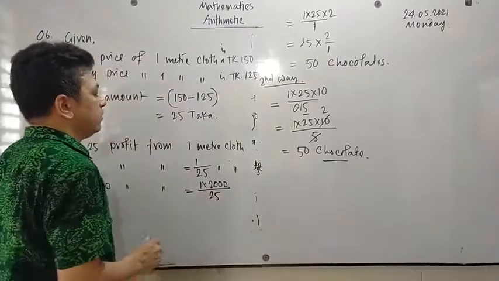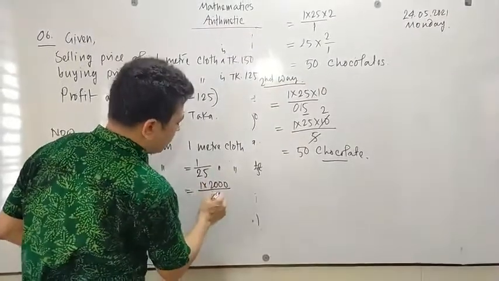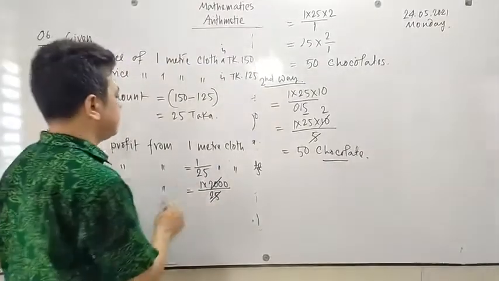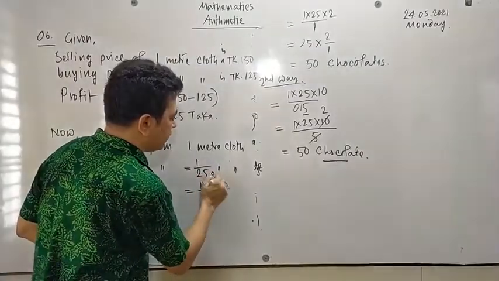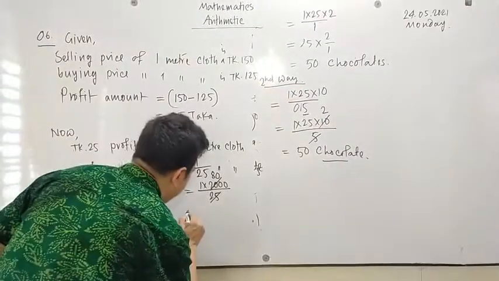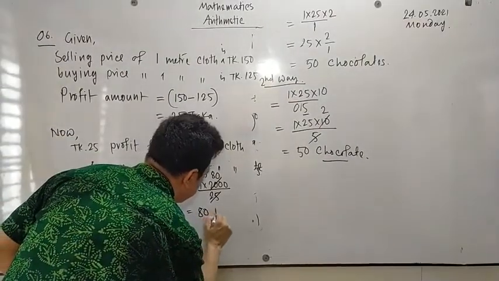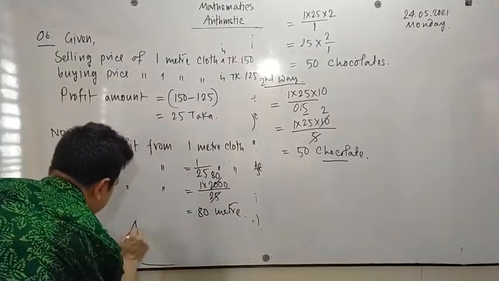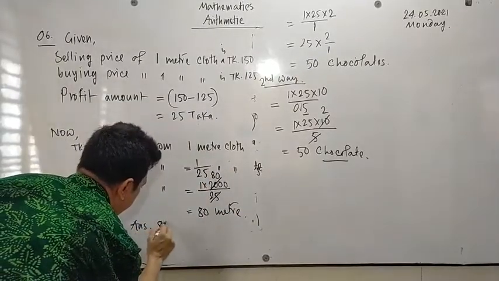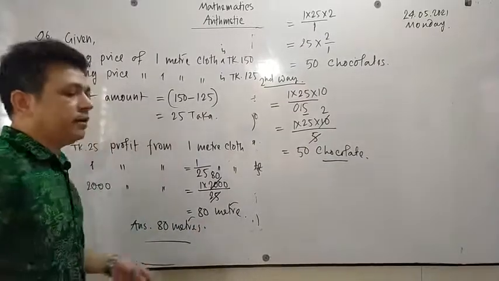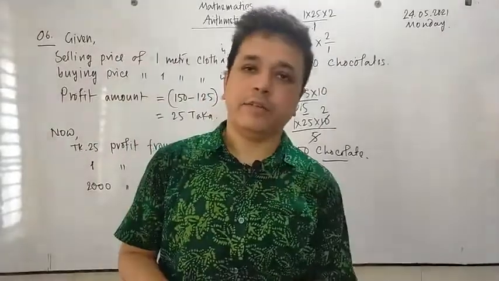Look at that, 200 divided by 25 is 8, and 0 here, so it is 80 meters. Very clearly, the answer is 80 meters.